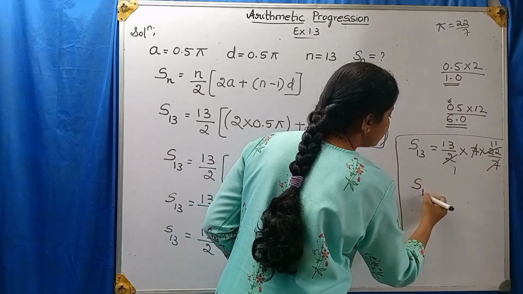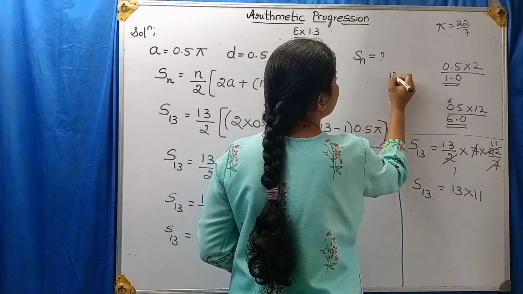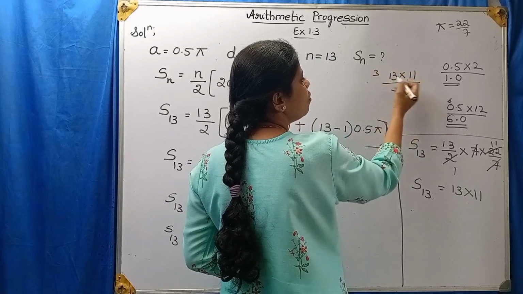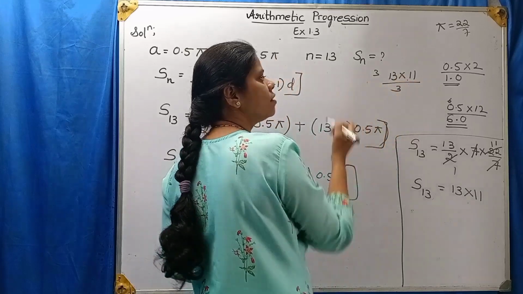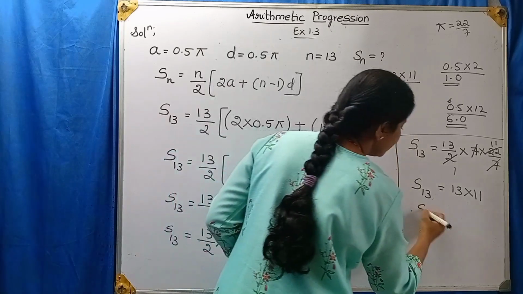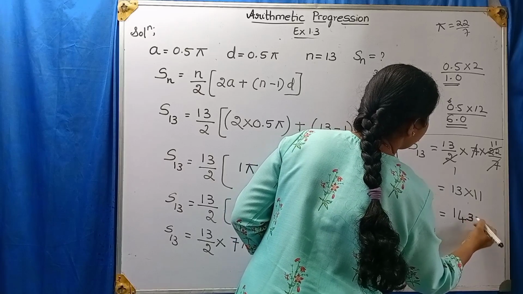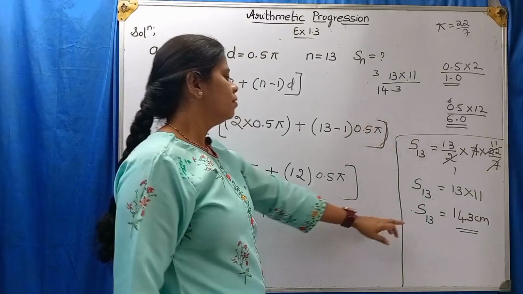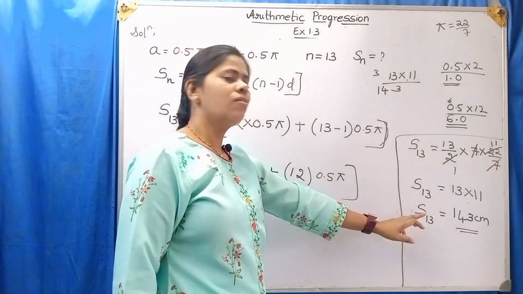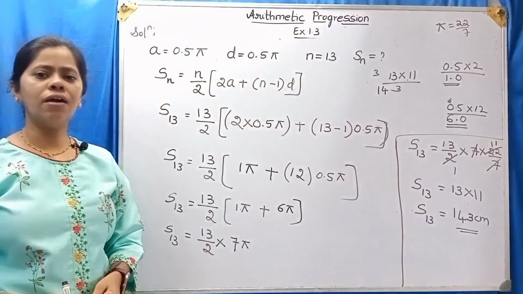Then S13 is equal to 13 into 11. 11 3s are 33, 3 remains. 11 1s are 11. 11 plus 3 is 14. Isn't it? That is, S13 is equal to 143 centimeter. That is, the total length of 13 consecutive semicircles is 143 centimeter. Hope you have understood. Thank you.